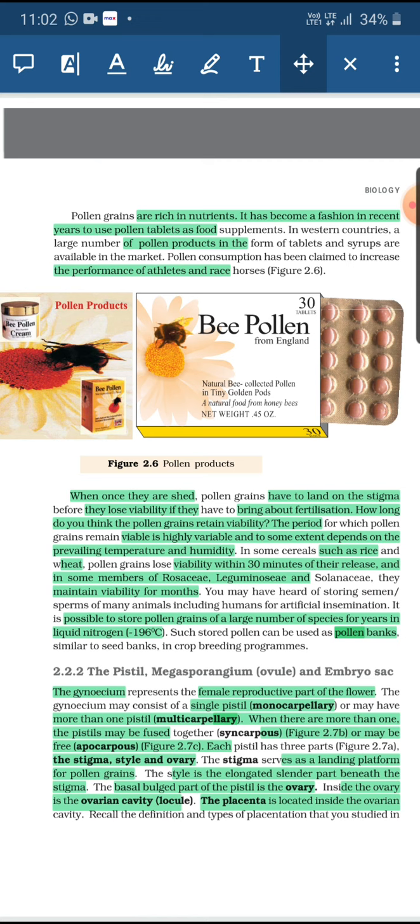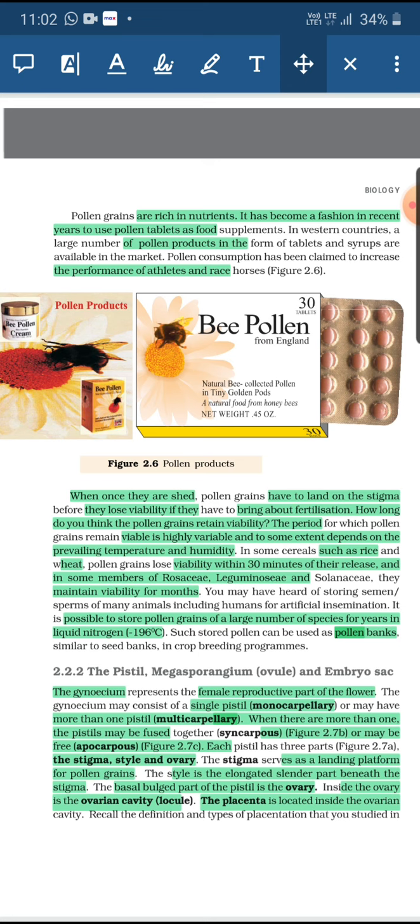In many Western countries, a large number of pollen-based products are prepared in the form of tablets, syrups, etc. in the market, and people believe that pollen consumption increases the performance of many athletes and race horses. So it is a good source of nutrients, and in many countries it is now a trend to have a pollen-based diet, or products which contain pollen.